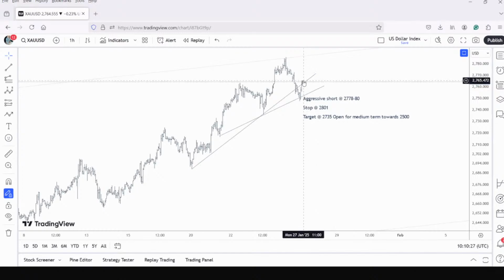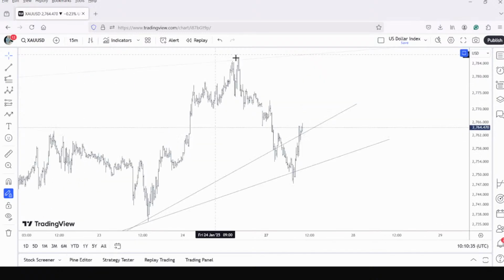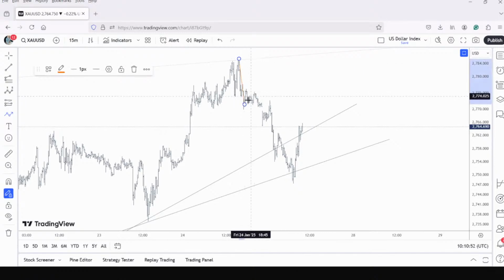And on a still lower time frame, if we go back to a 15 minute time frame, the decline here could be the first potential impulse in the making. It's wave one, and there is wave three.